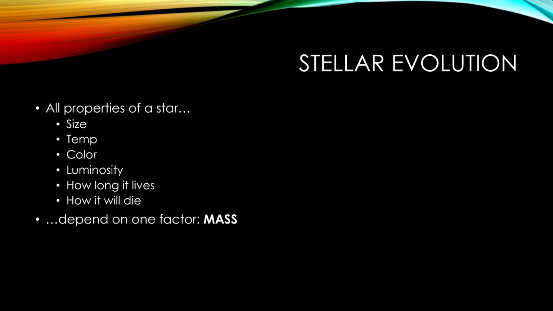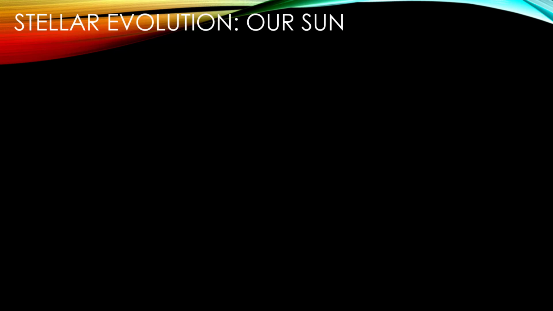So we will describe several different evolutionary paths, and they're all based on a range of masses. We're going to start with just low mass stars, and particularly we're going to look at our sun. What is going to happen through the course of our sun's lifetime? Now, first off, just to review, our sun is currently in hydrostatic equilibrium.